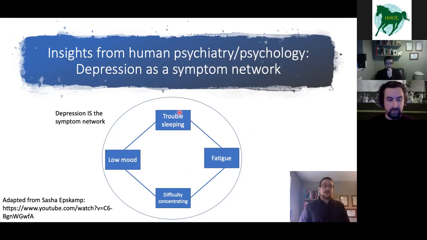So if you think about this, let's say you have trouble sleeping, then the next day you might feel a bit fatigued. Because you feel fatigued, you might have difficulty concentrating, and because you've had difficulty concentrating and haven't got much work done, that affects your mood, and because you're feeling a bit lower, you have trouble sleeping, and you end up in this sort of vicious cycle where the symptoms maintain themselves.